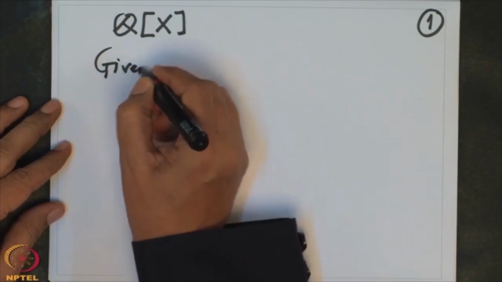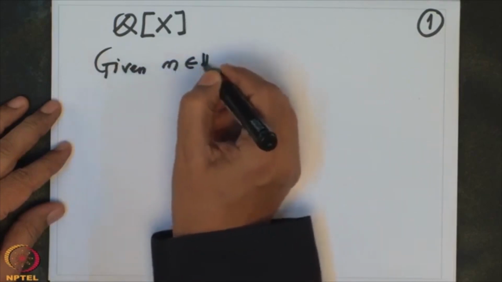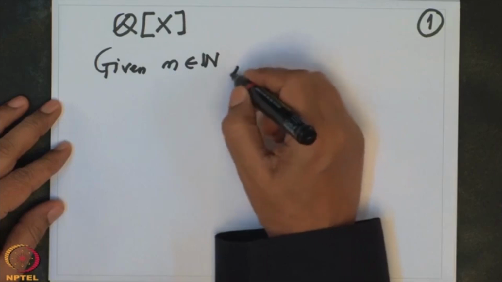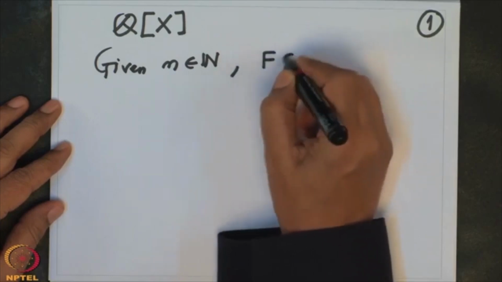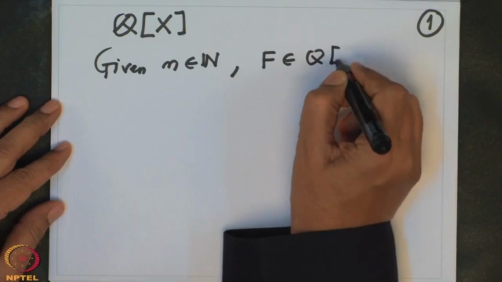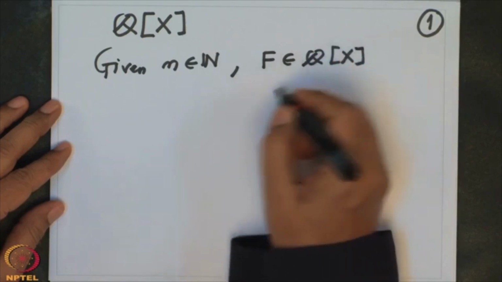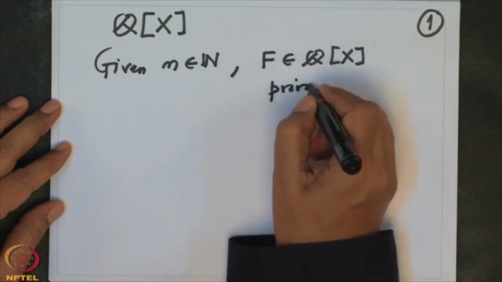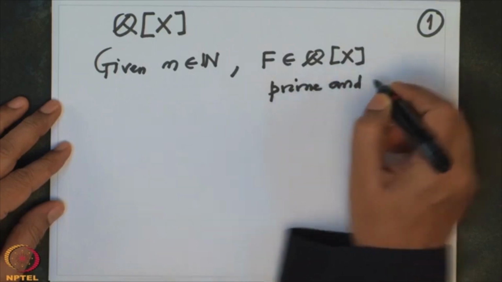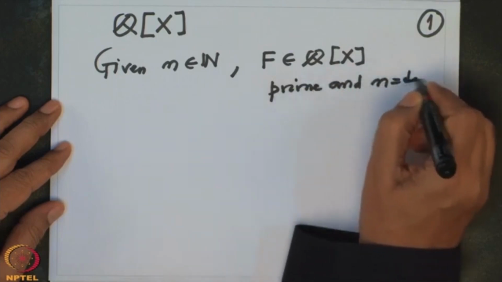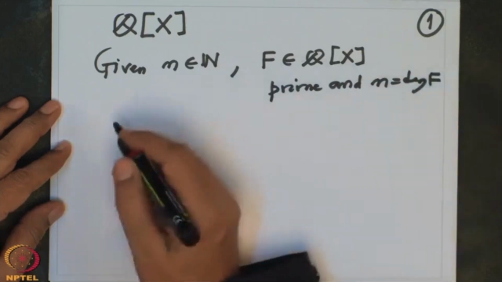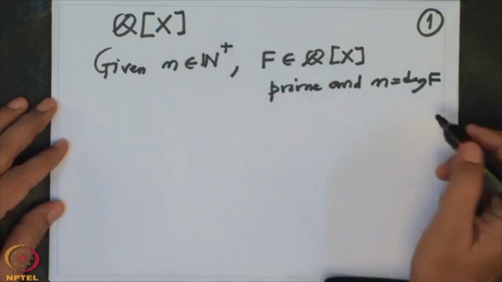Number one, given any degree n, any natural number, I want to produce a polynomial f with rational coefficients which is prime and whose degree is n, positive.